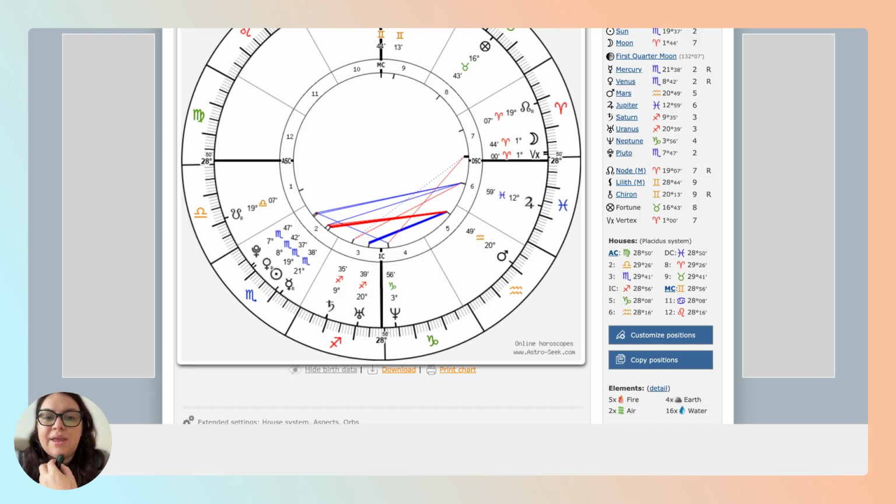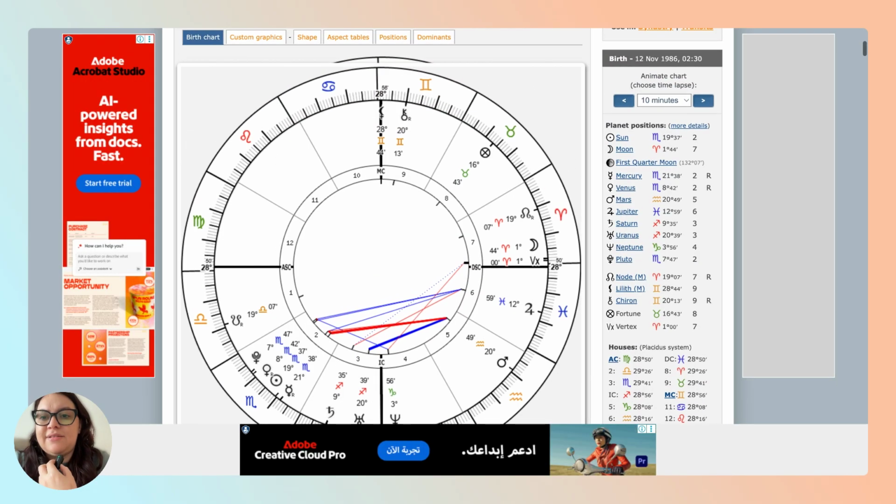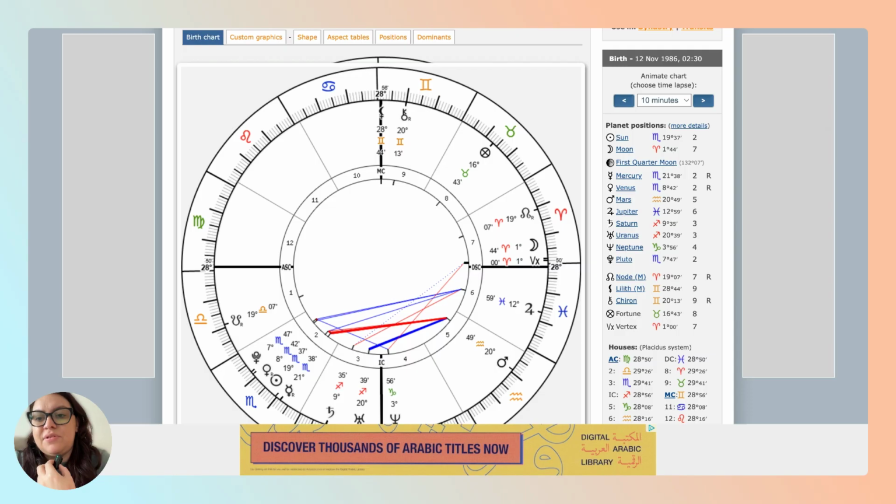How do I count degrees so that I know where a new moon is falling? Very simple. Let's take the house, the symbol of Leo, which is clear here. This is 5 degrees, 5 degrees, 5 degrees, and so on.